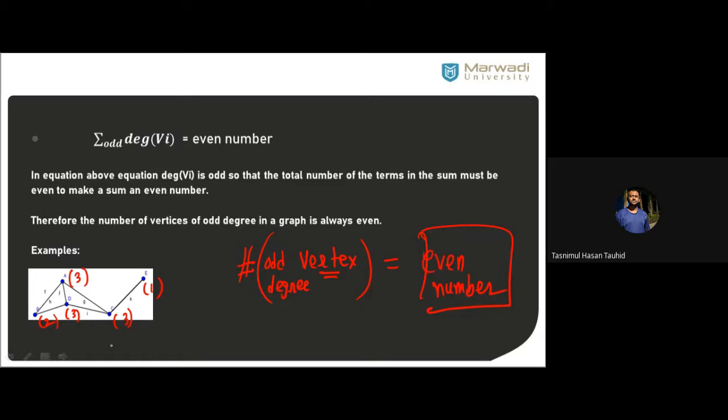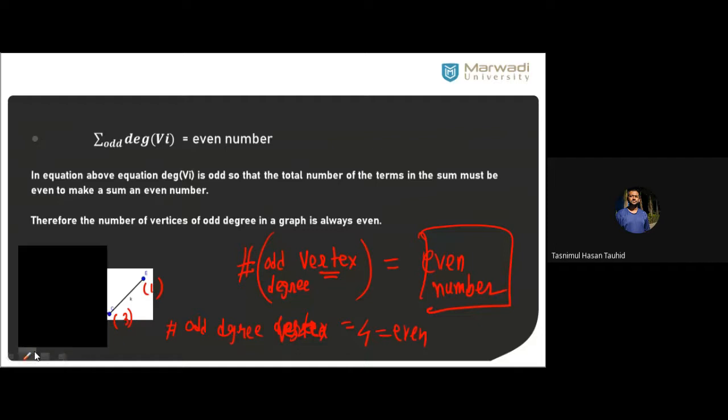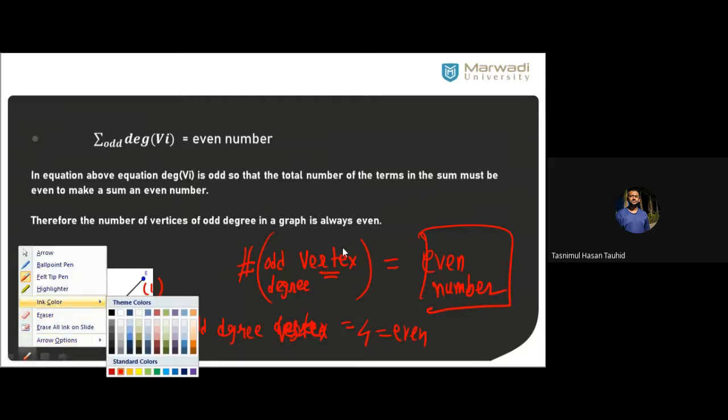Among these, how many odd degree vertices are there? 4 odd degree vertices, and 4 is an even number. So the number of odd degree vertices is 4, which is even, so we verify the second theorem of graph theory.